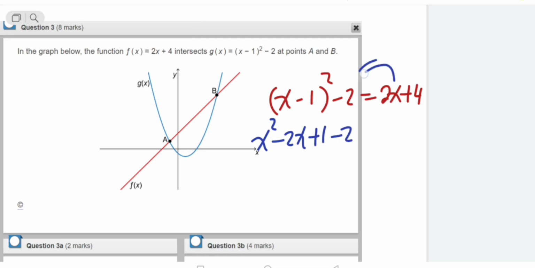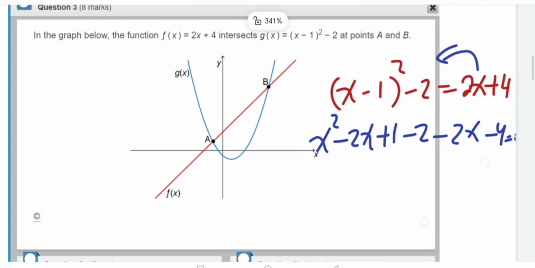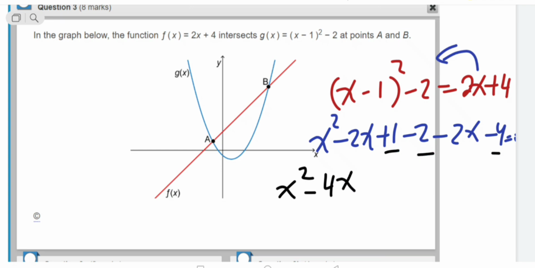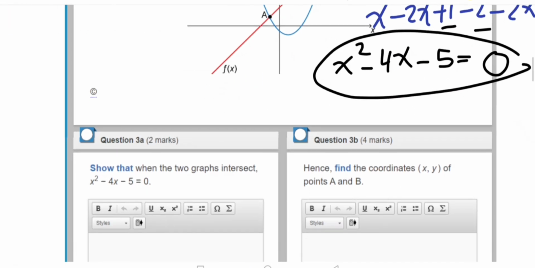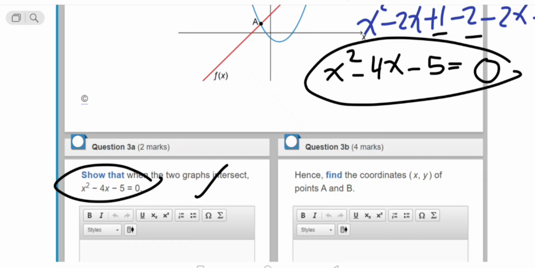Bring this one to this side, it will be minus 2x minus 4 equals 0. After that, x square, minus 2x minus 2x, which is equal to minus 4x. 1 minus 2 minus 4, which is equal to minus 5, equals 0. So this one is the same as this one, so proved. If it is equal, so proved.